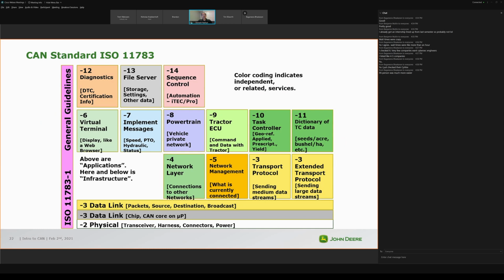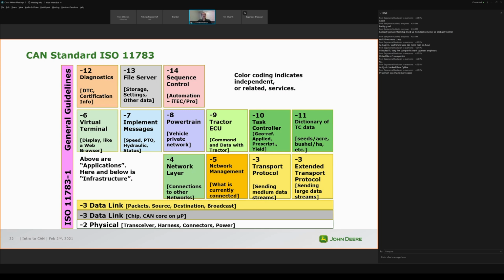And on an ISO bus, like I said earlier, not every piece of equipment supports every tile you see here in the application, but every equipment has to support 1 through 5. They have to support it. The rest, if you support it, it's well and good. If you don't support the required ones, then you would not be certified.